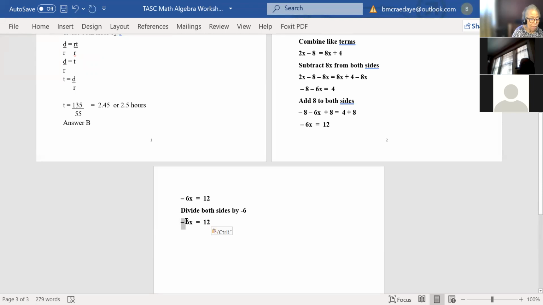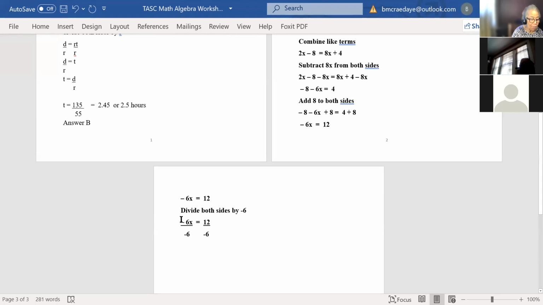Okay, so that would be -6 on the left, and on the right side, -6.